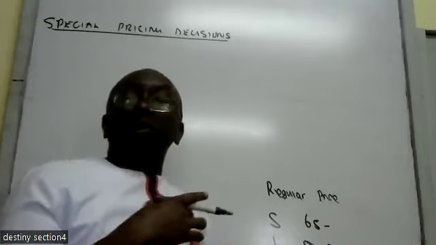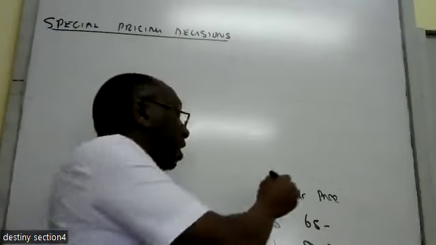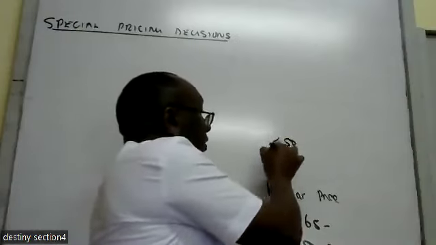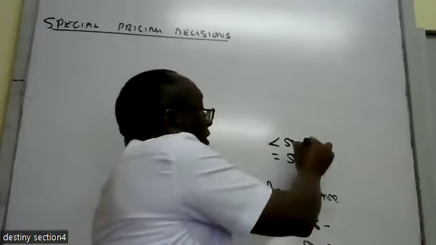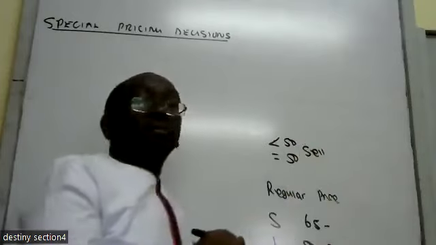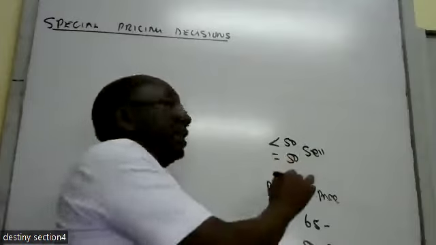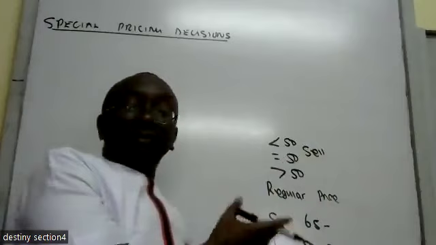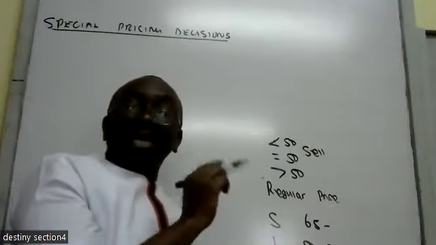So before you tell him no, you need to check what is the marginal cost of that bread. As in wewe uliinunua pesa ngapi. If you bought this bread at anything less than 50 or equal to 50, you should sell. But if you bought it for anything greater than what? 50, tuseme ulinunua at 55, you should not sell.